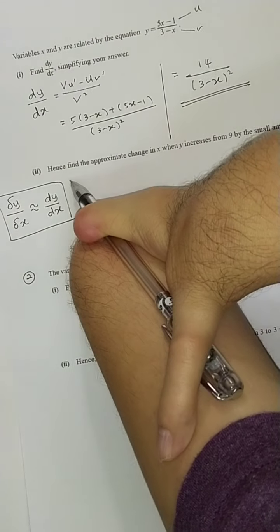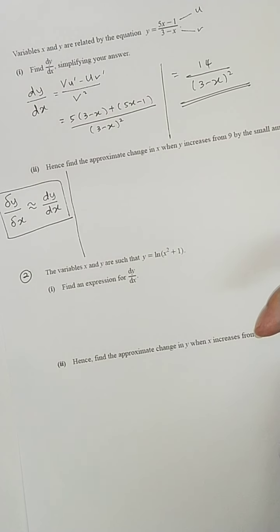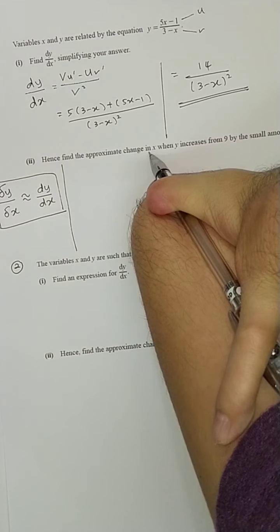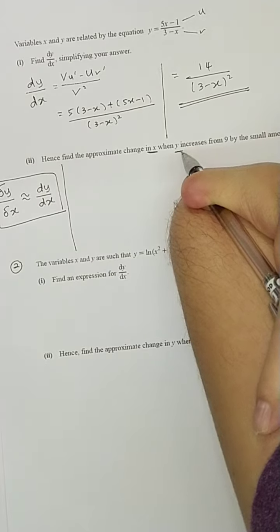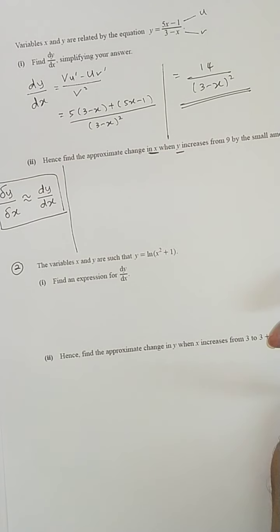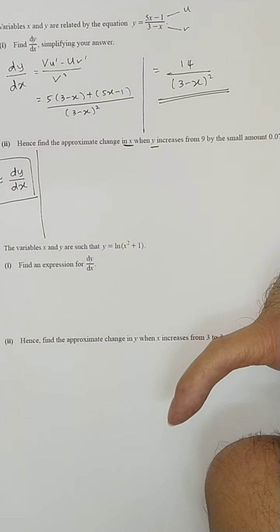Now let's answer this question. The question said, find the approximate change in x when y increases from 9 by the small amount 0.07.